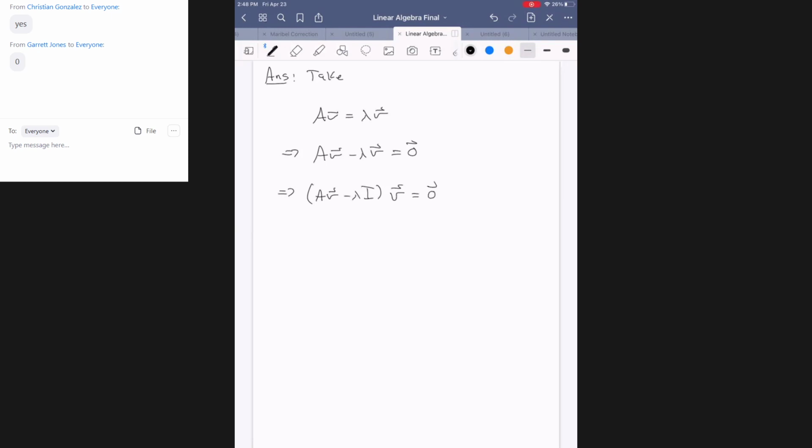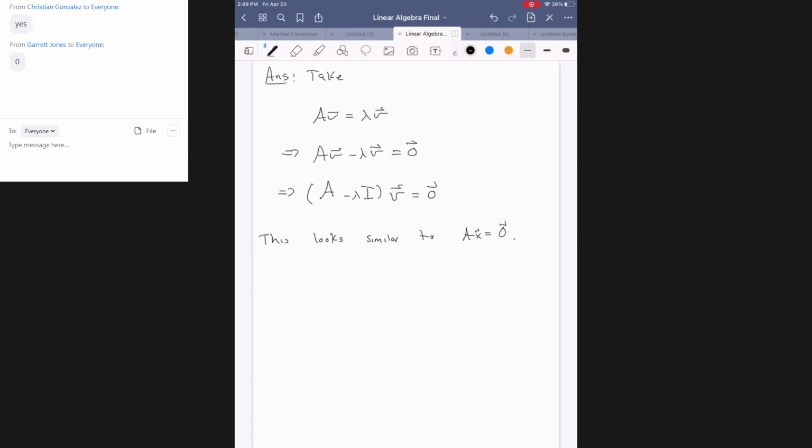Now, from here, this should look very similar to AX equals 0. Like in general, we've studied this already, right? AX equals 0. Now let me ask you, with everything that you've learned so far, what can you do here to guarantee that this V is not 0?